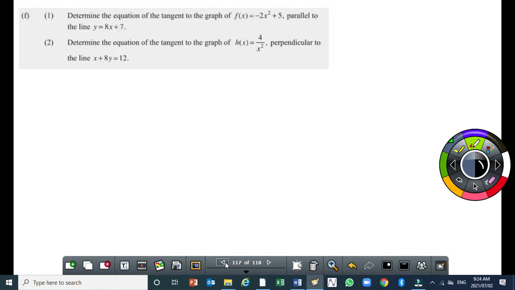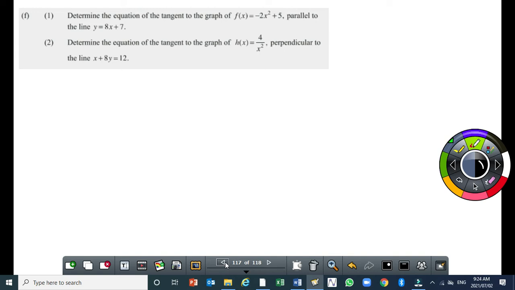All right, another example. The question says, determine the equation of the tangent to the graph of f of x equal to minus 2x squared plus 5, parallel to the line y equal to 8x plus 7.